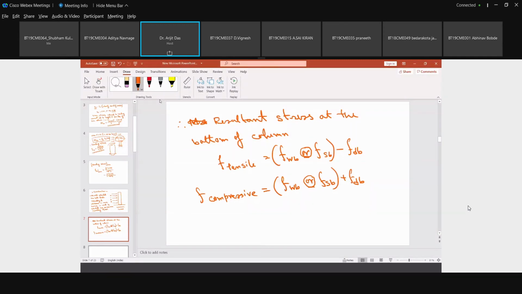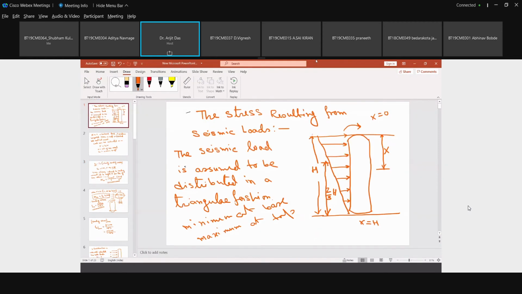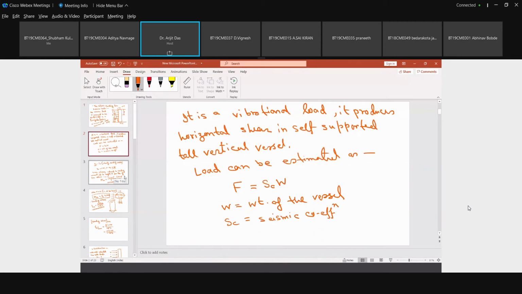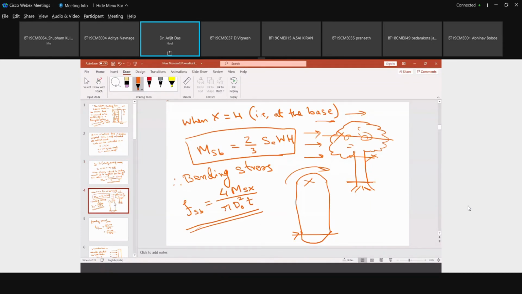So this is the process to calculate the compressive or tensile stresses due to seismic and wind load. Simple: we find the total load, from there a well-known formula for estimating the bending moment, and from the bending moment we calculate the bending stress divided by the area of the support.